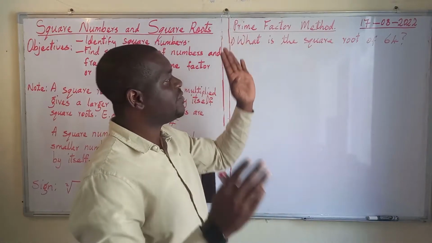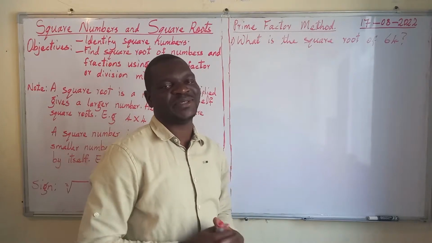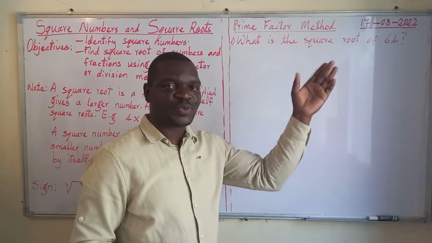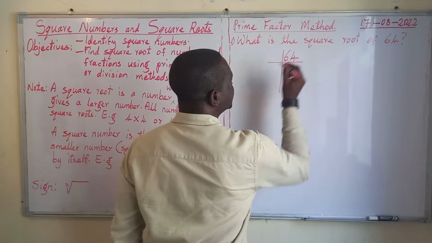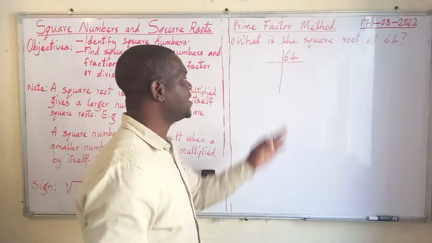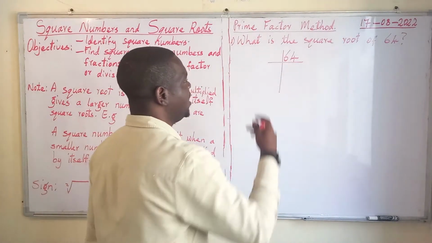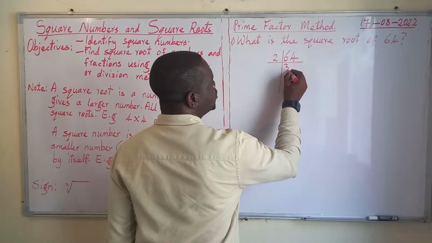And here in our first example, we're going to be using the prime factor method to calculate the square root. 64, and we bring out our table, starting with the least prime number that can divide 64. And the least is 2. 2 divides 64, 32 times.